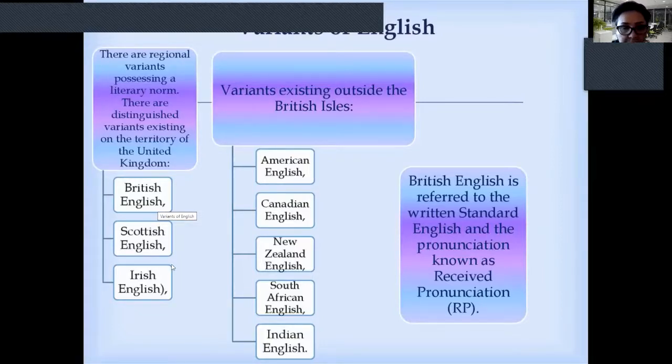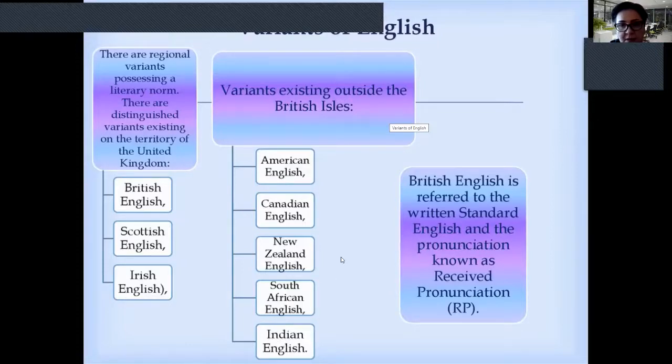And there are variants existing outside the British Isles: American English, Canadian, New Zealand English, South African English, and Indian English.